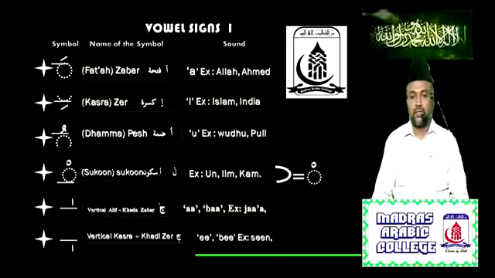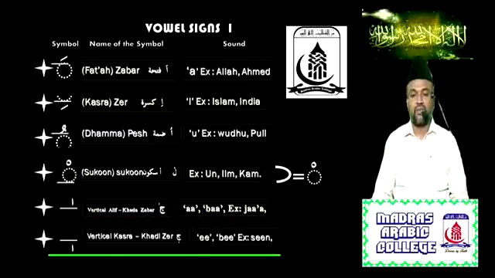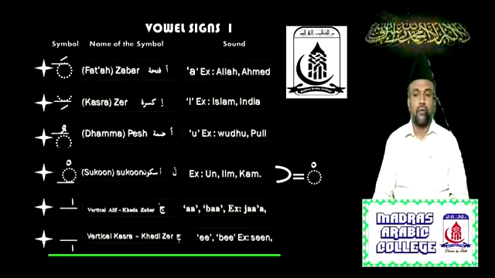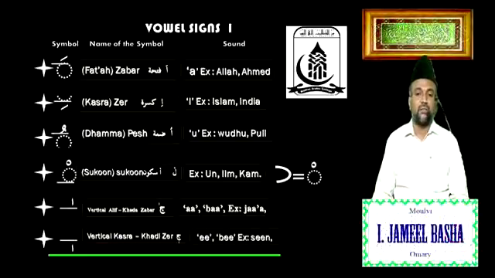And then next, vertical kesra. This vertical kasra gives a sound of E, as in Bee, Tee, like that. That is, if this symbol is found under any letter, it will elongate the letter.